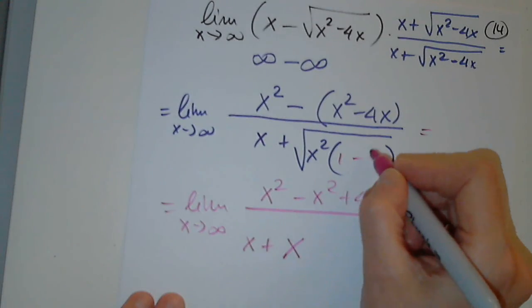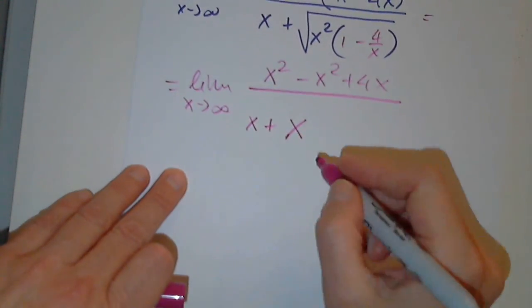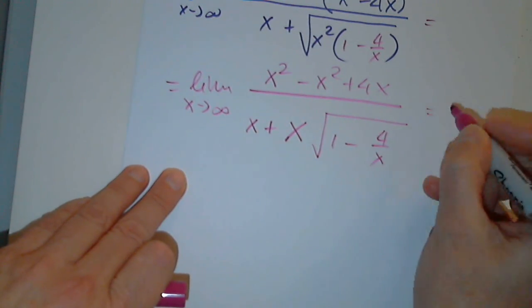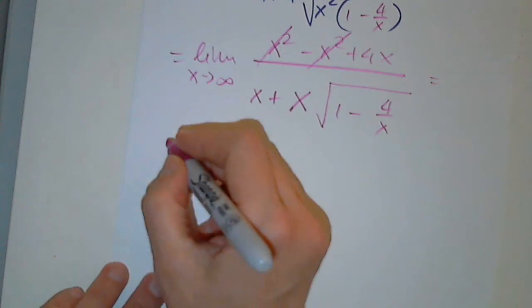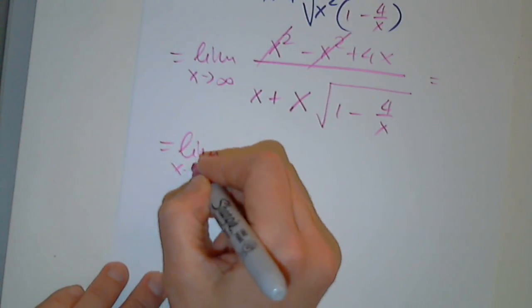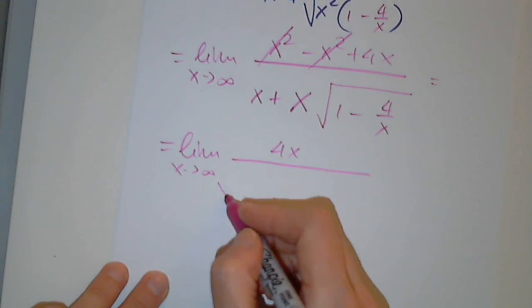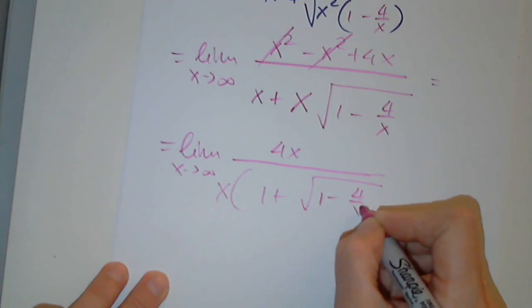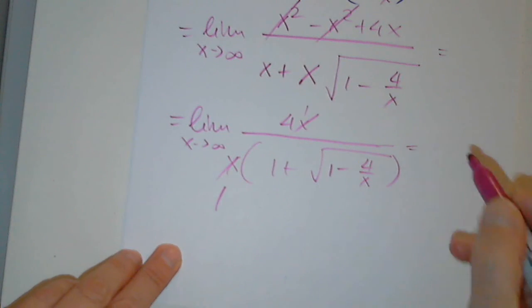And in here we have 1 minus 4 over x, and the square root of 1 minus 4 over x. These two go away. The numerator is 4x. And of course, I will factor out x in the denominator: 1 plus the square root of 1 minus 4 over x. Yes, x will go away now.